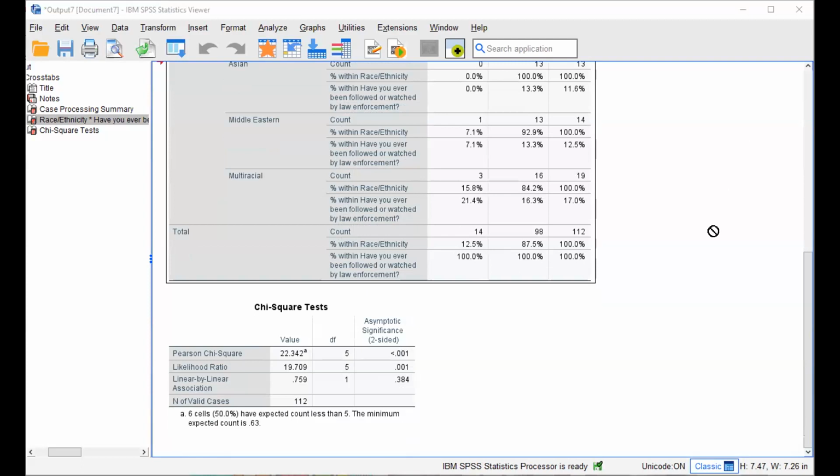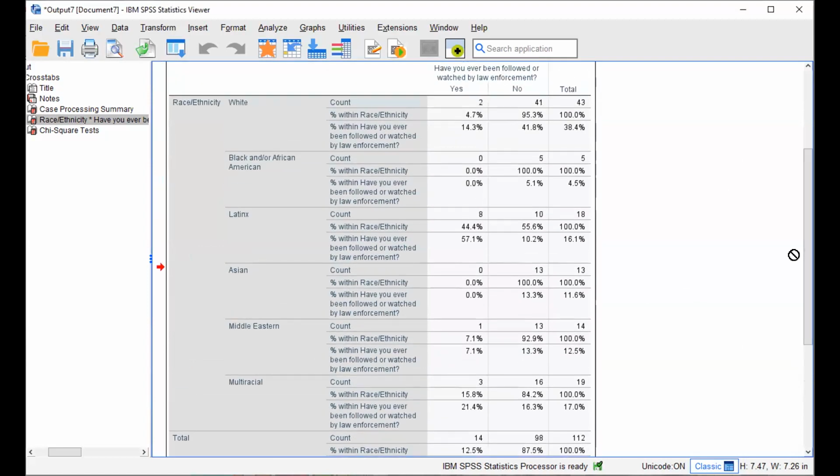So now we run into a situation that we had with our ANOVA test, where we have statistical significance, but we have multiple relationships between categories. So how do we know where statistical significance lies?